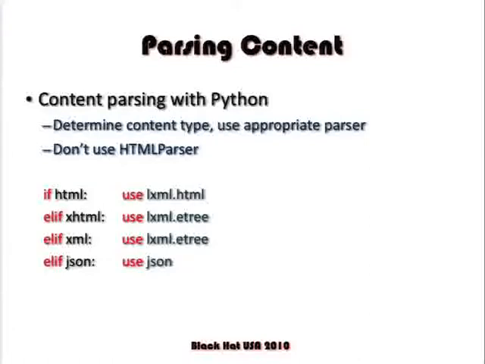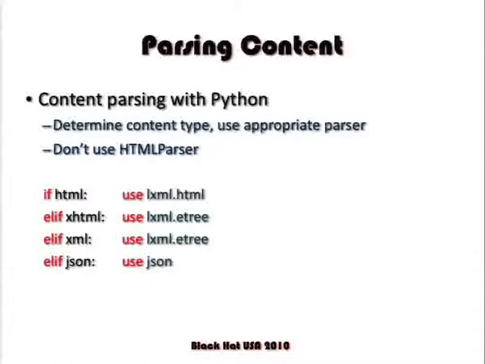You may be familiar with other modules like Beautiful Soup or HTML parser or a couple others. The reason why we don't recommend you use these is because they're not as fault tolerant as LXML. They're actually written in Python, whereas LXML is written in C. LXML is a lot faster when it comes to parsing content.